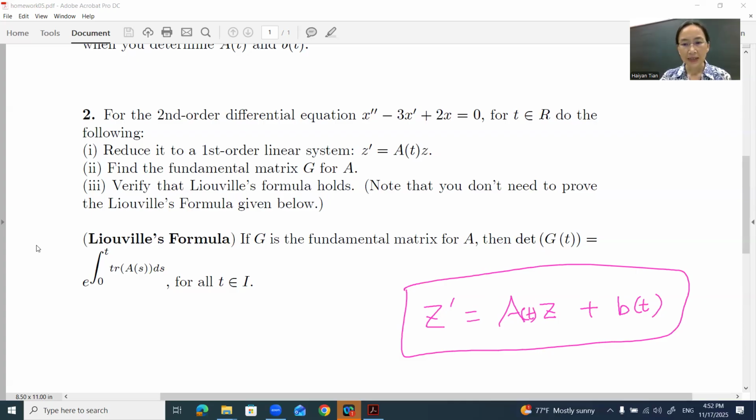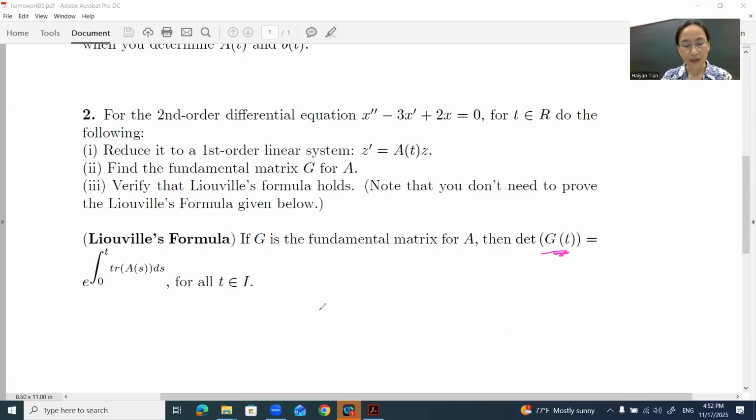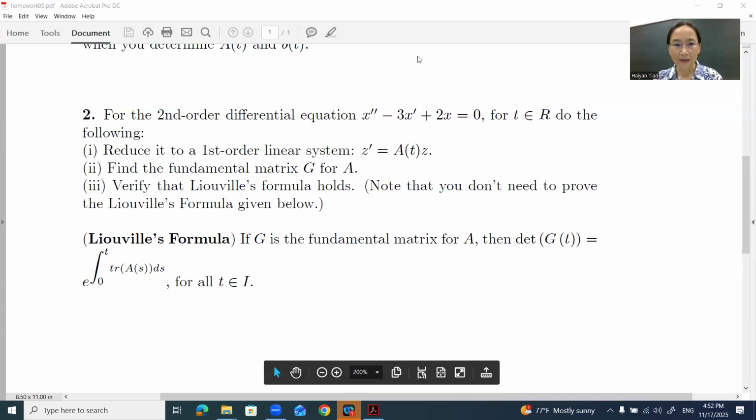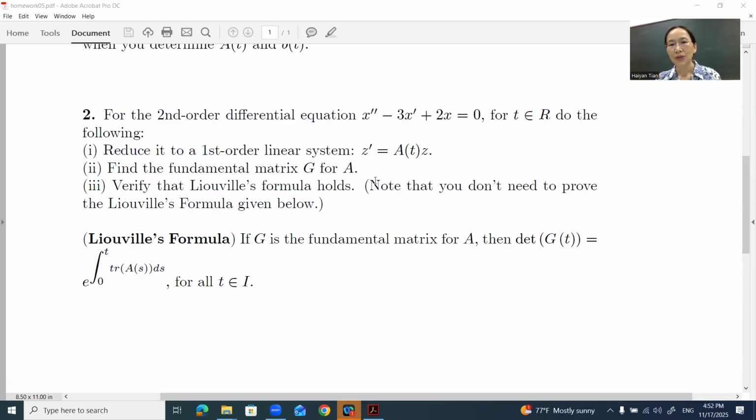So the inverse of the fundamental matrix is used in that representation for the solution formula of a linear system. Okay, so that's the remark for these two problems. So I hope you continue to work on this problem. If you have any questions, please ask me.